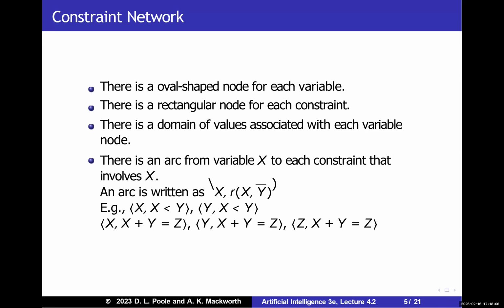And then we'll talk about a constraint network. A constraint network gives us a structured way to represent a constraint satisfaction problem, because each variable is a node. Each constraint connects the variables involved. Every variable has a domain of possible values, and this representation makes dependencies visible.